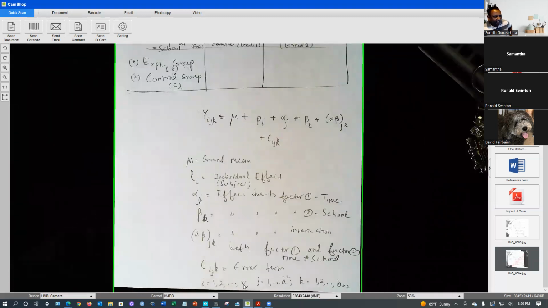Then j goes from 1 to a, the number of time points. I call that a instead of g now. A equals 2, we have only two options for time, and k has two groups as well.